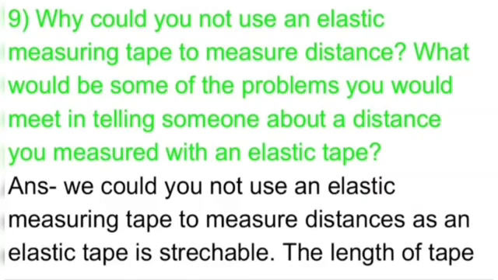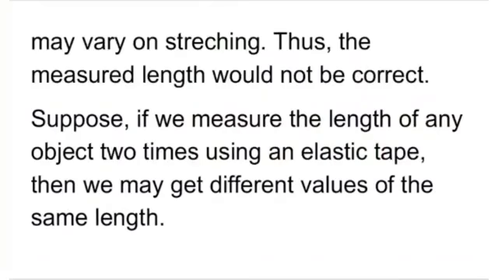And the length of the tape may vary on stretching. It can change on stretching. Thus, the measured length would not be correct. Okay? The measured length would not be correct.